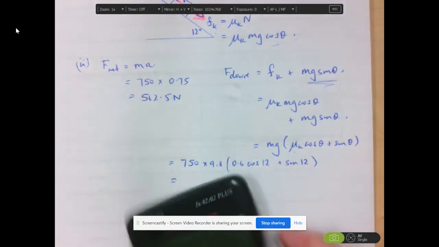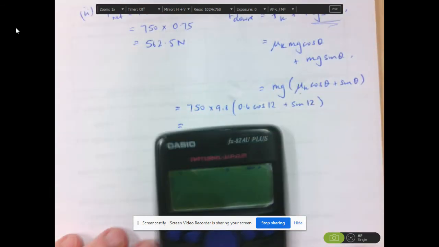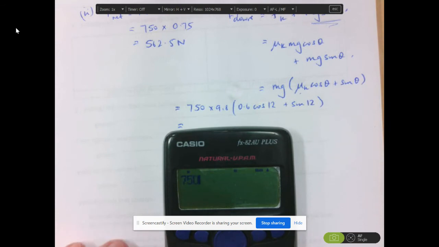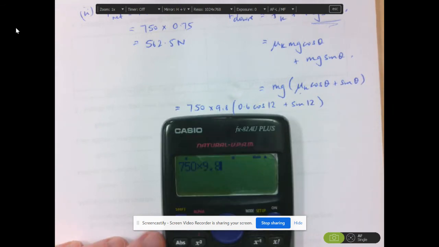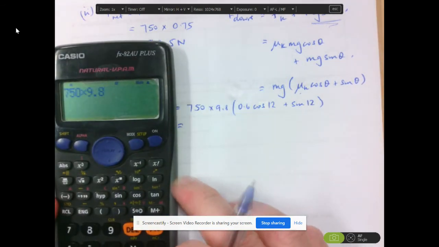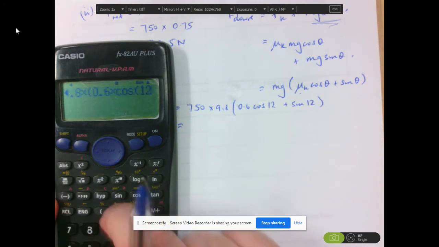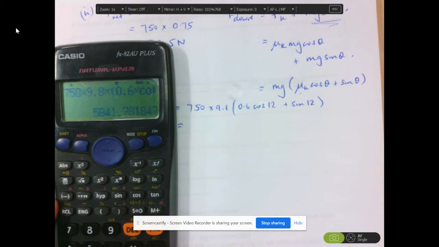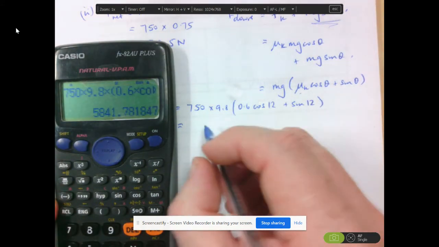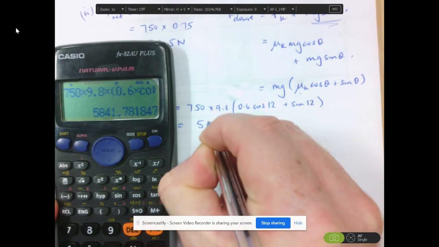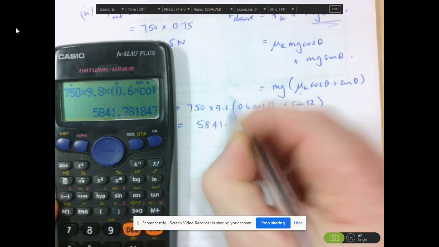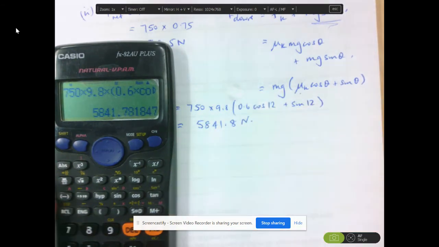Putting this into our calculator now: 750 times 9.8 times 0.6 times cos of 12 plus sine of 12. So that is a force of 5841.8 newtons.